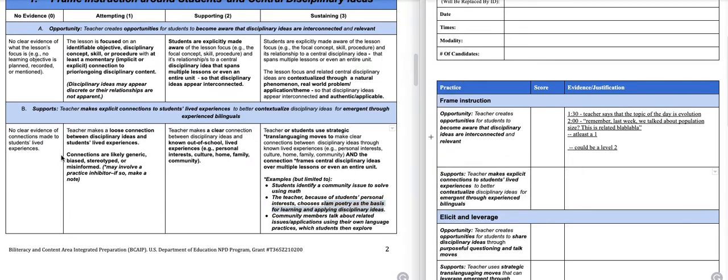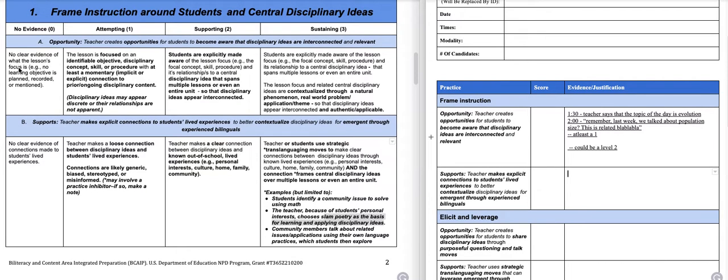Okay, I think hopefully that's enough on this practice, and hopefully the differences between each practices are clear. All of the practices are going to have a similar structure, where we really want you to start with the assumption that you have no evidence of the practice, because you don't.